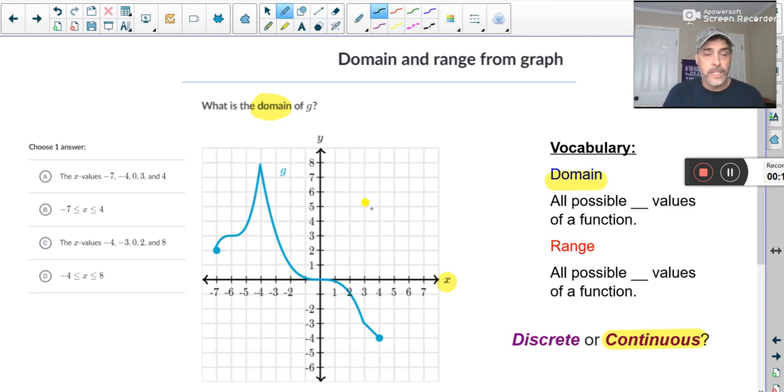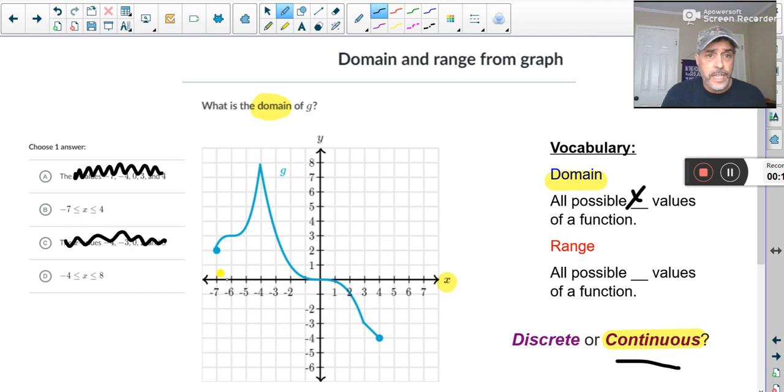myself, if it's continuous, I do not want a clear separation of points. I'm going to get rid of those. It's either going to be this answer or this answer because that's what a continuous domain looks like. And I'm going to look at the x values.